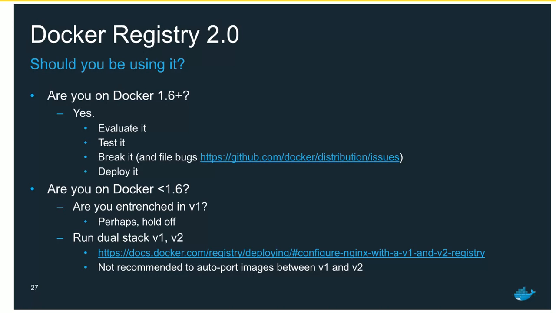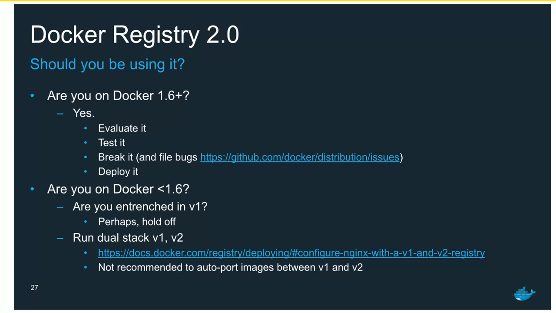If you're on 1.6 or less, if you're already entrenched in V1, you might want to hold off. There are some migration solutions. You can run dual stack, where you can kind of segment V2 and V1 images. If you push with 1.6 to a V2 registry and then you have 1.4 clients, the images might not be available.